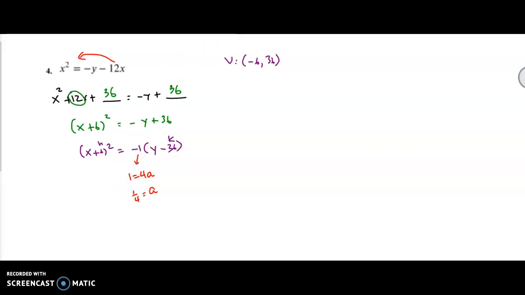Okay. And so when we graph this, I'm going to start this for you, and I've plotted my vertex point here. It's way up here, -6 comma 36. Because it's x squared, I know that this is going to open up or down. And because it's negative here, it's going to open down. Opens down.